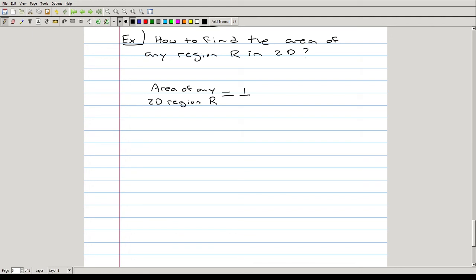Simply it's 1/2 times the closed line integral of negative y dx plus x dy. It's a line integral over C. So very often it's easier to evaluate this line integral than it is to evaluate the double integral giving the area for that region.